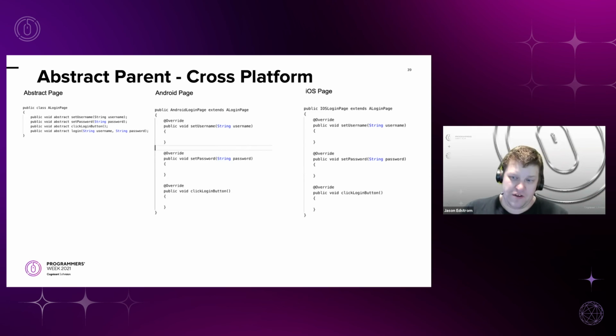So that's an important detail: in these scenarios I'm using an abstract parent, but technically an interface could work along the same lines. It just depends on your needs and how mature the language is.